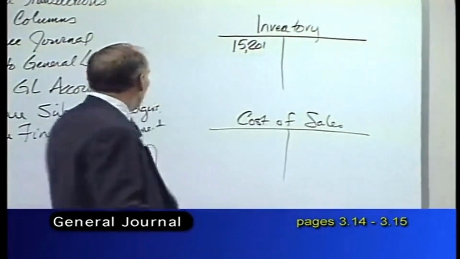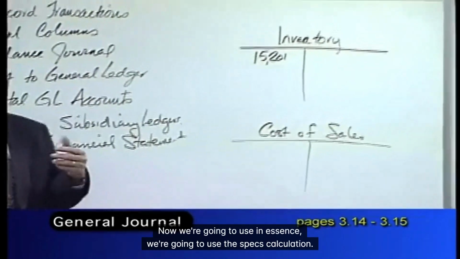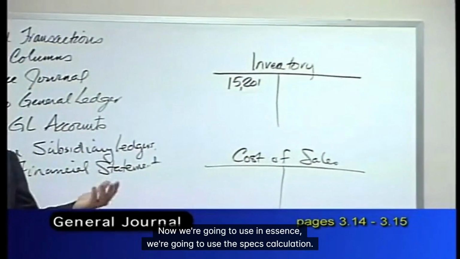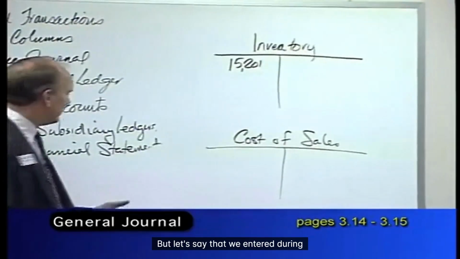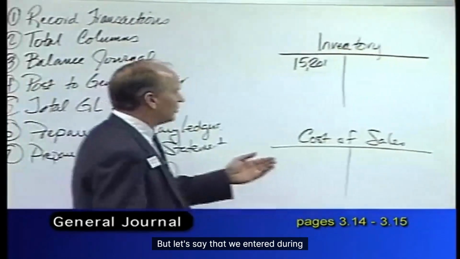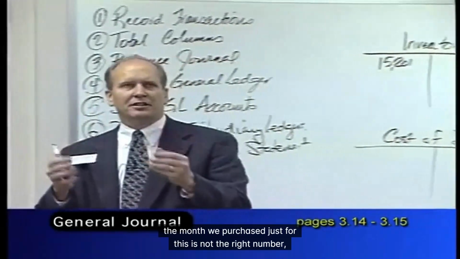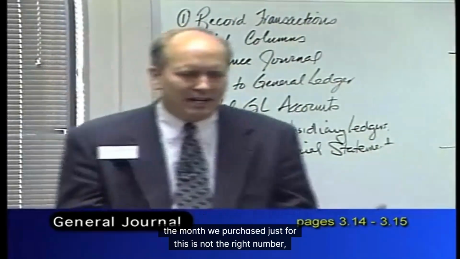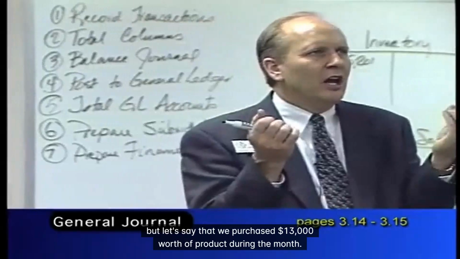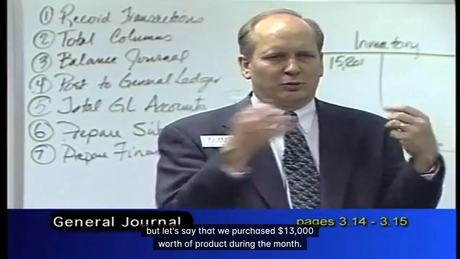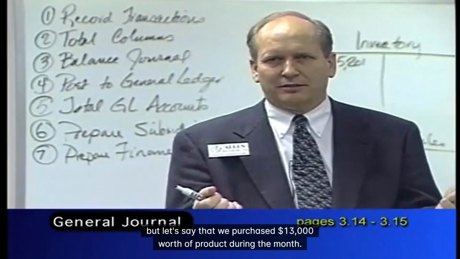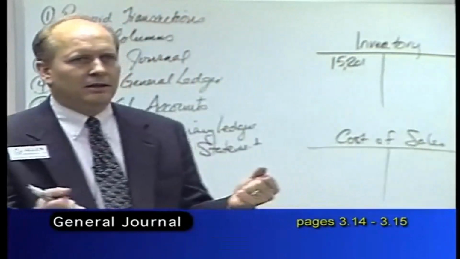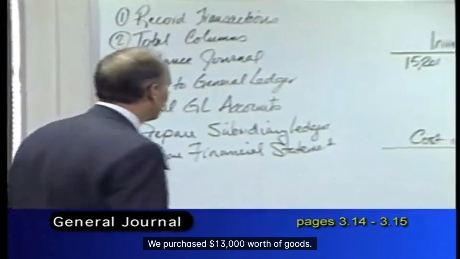Now let's say that during the month we purchased, this is not the right number, $13,000 worth of goods.